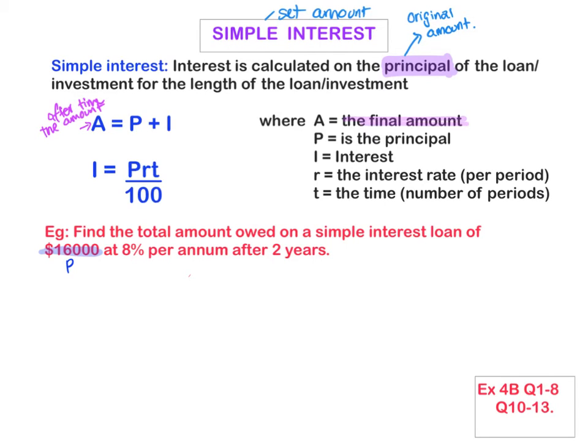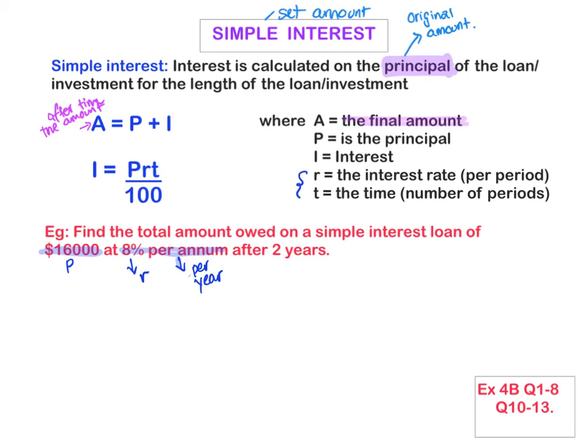Then you see the 8% per annum. Now, does anyone know what per annum means? Yep, that's right. This means per year. So when they're saying 8%, that's 8% every year. So here they're giving me the R, the rate, and the period. Just remember the period is years, so your time needs to be years.